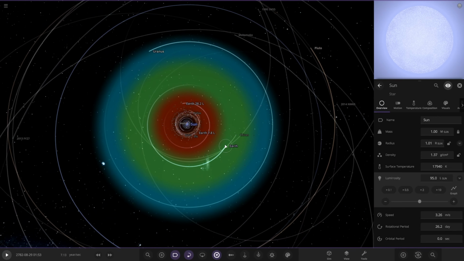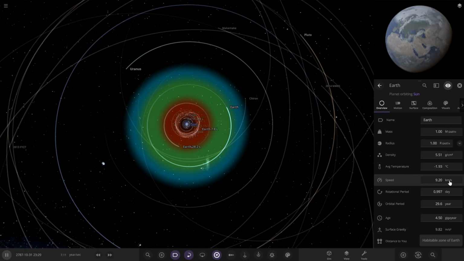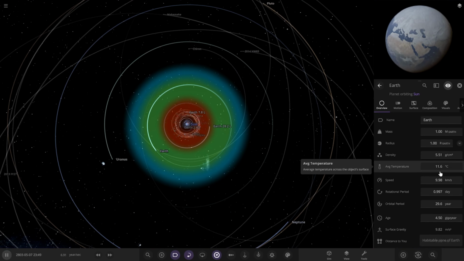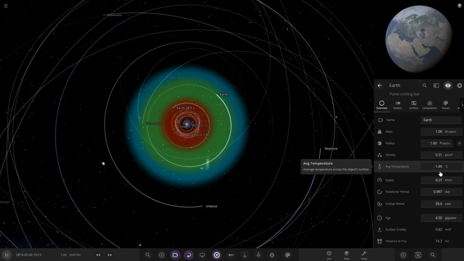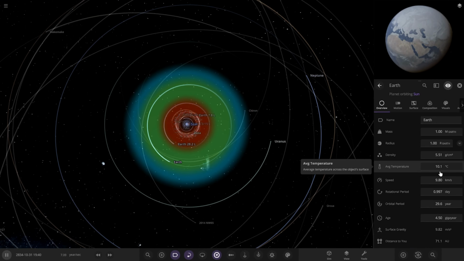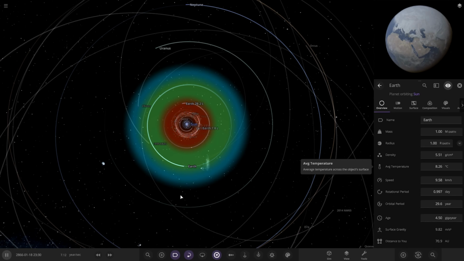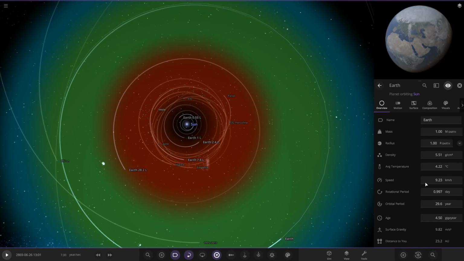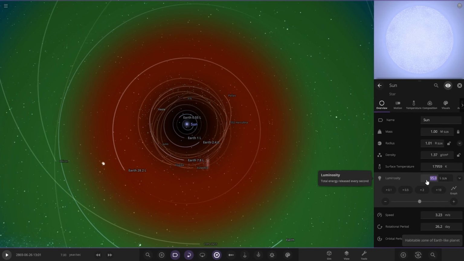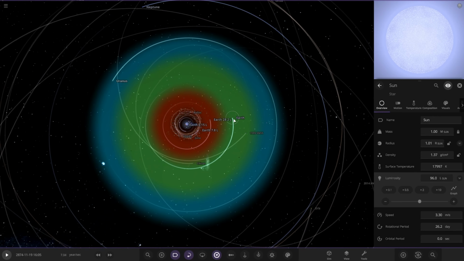Then to Saturn. There we go. So it's still going in the minuses. That's not really what we want, but it's only minuses briefly, is it, in its orbit? But again, the seasons are still going up to around 12. So I think maybe just a little more, just to try and keep it out of the minuses completely. Let's go to 96. That should just give it the little extra luminosity kick it needs, hopefully.